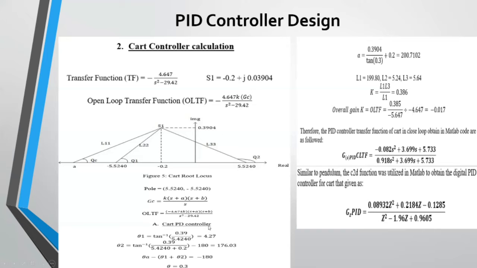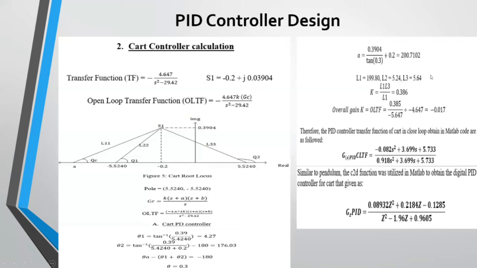So the placement of A and B. As you can see, for A, we have A equal to 904 over 10, 0.3 plus 0.2. The 0.2 is our reference, because we get it from the point of S1.